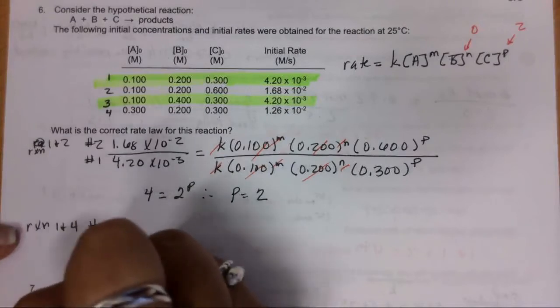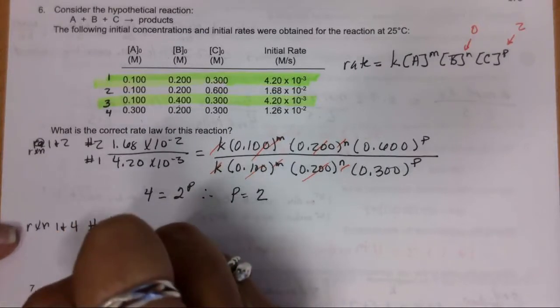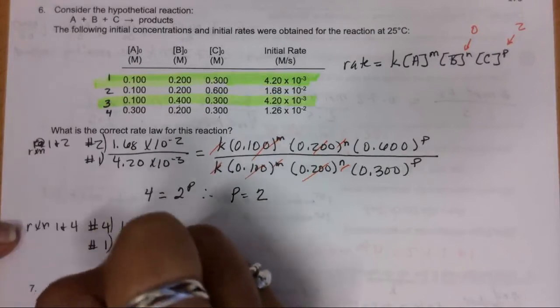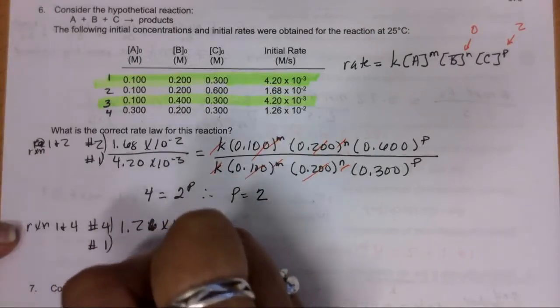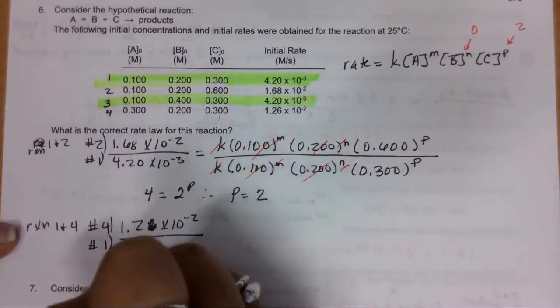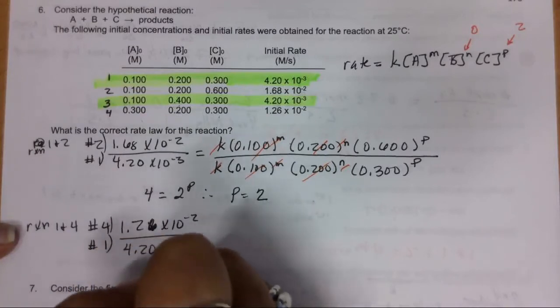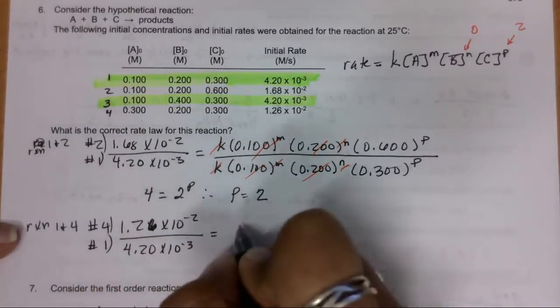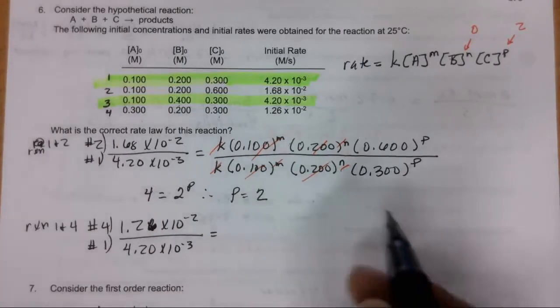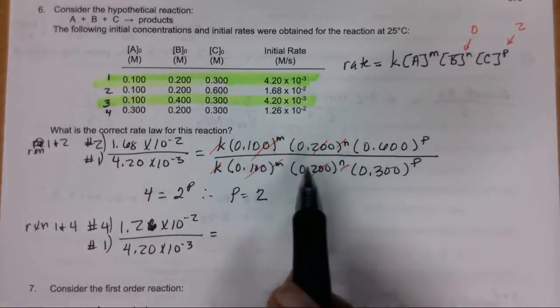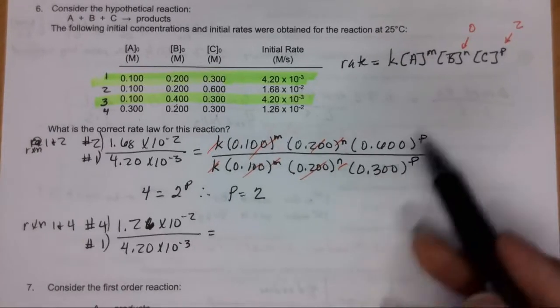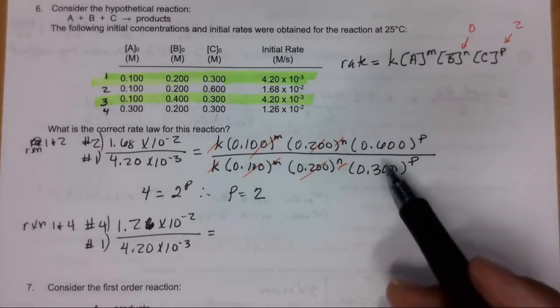So I've got 1.26 times 10 to the negative 2 over 4.20 times 10 to the negative 3, right? Now, hopefully what you've noticed here is we really don't need to write this constant stuff down. We only really need to write down what actually changed.